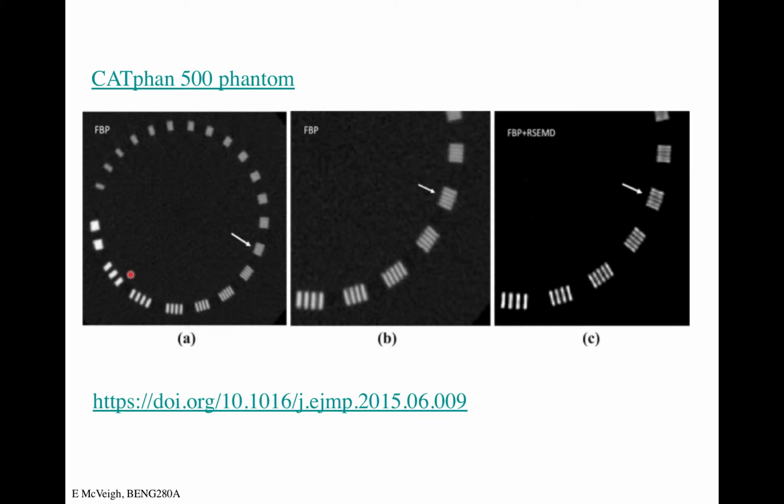Usually they're not metal, because metal gives you a huge amount of attenuation. You need something that's less than that, so it's some kind of plastic. And it can be embedded in either air or water. It's usually better to put it in a background of water so that the number of photons and the scatter that you generate is more similar to what you're going to see in a person.